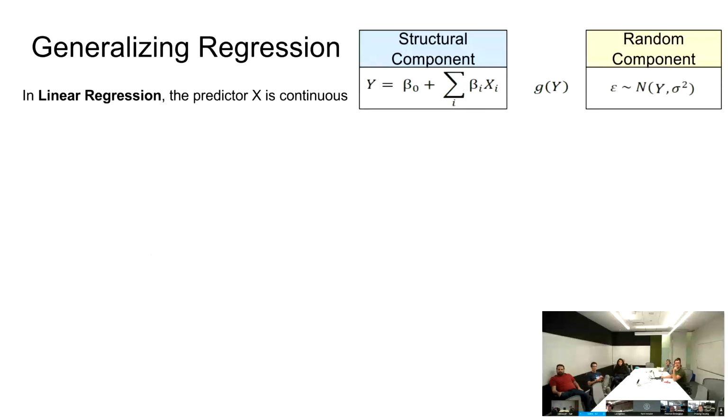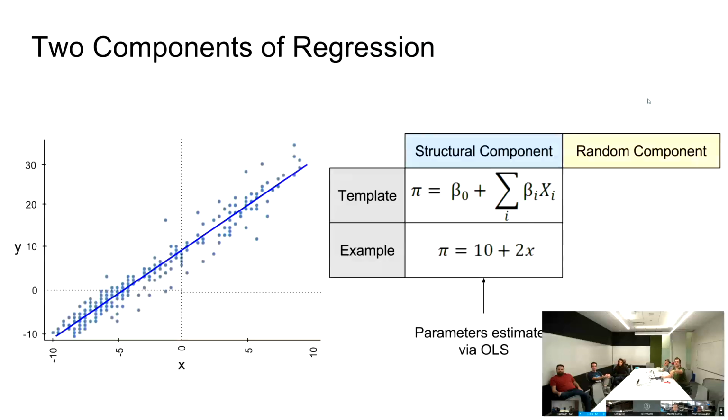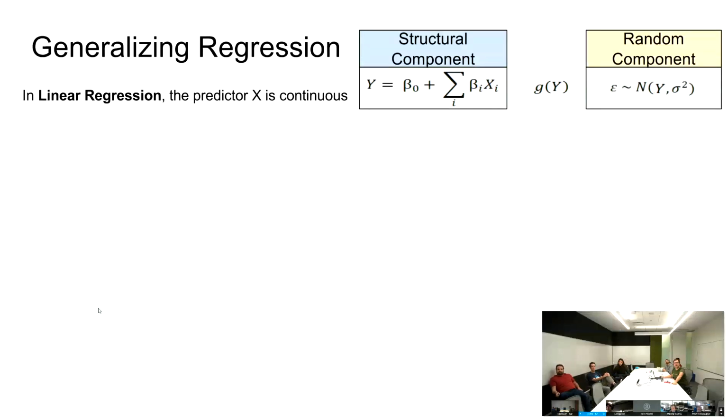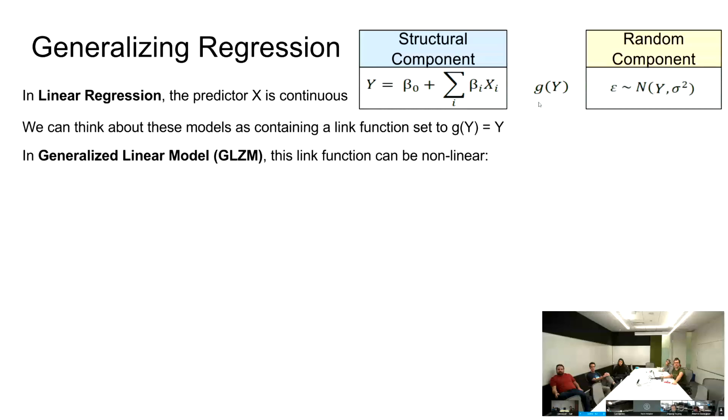Okay, and then I also wanted to talk a little bit about generalizing regression. So we talked about the two components, and these two components are related. So y here is plugged in as the mean of the random component. So in this previous picture, the center of these yellow distributions is y, the blue line. So the core way to generalize this is you take this y here and you pass it through a function called the link function, g of y.